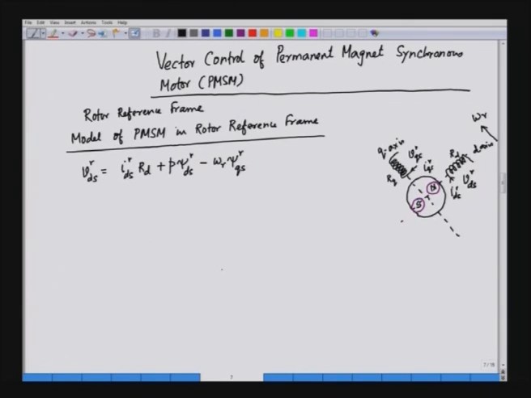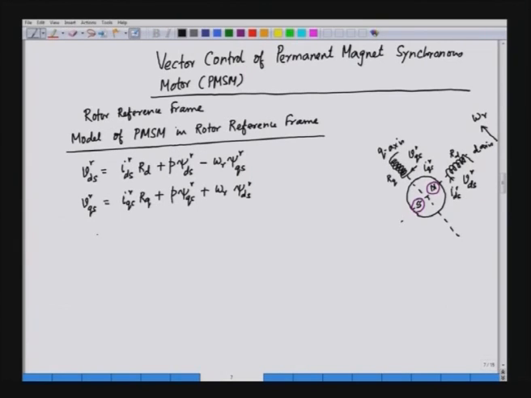And similarly, we can write down for the q axis VQS is equal to IQS RQ plus P psi QS plus omega r psi ds. Now, what is psi QS and what is psi ds?